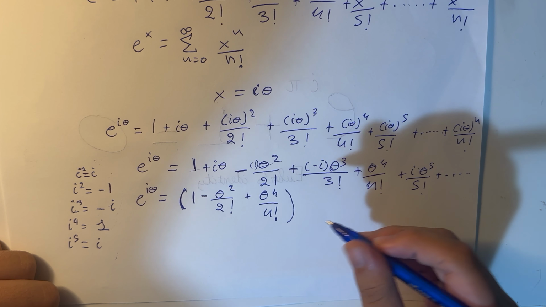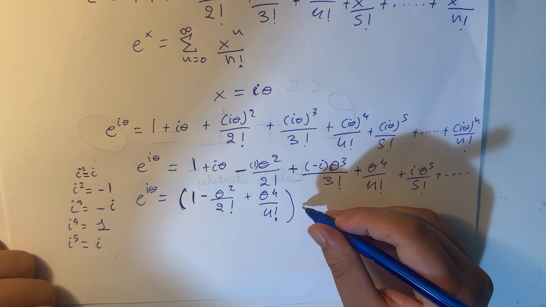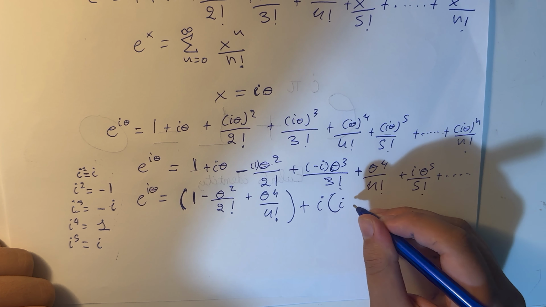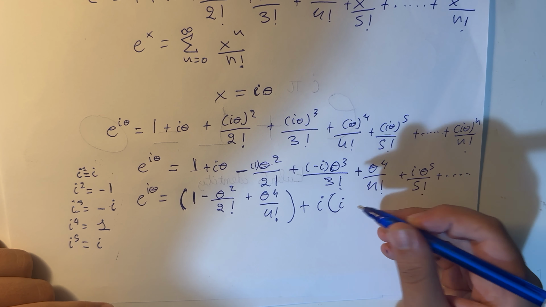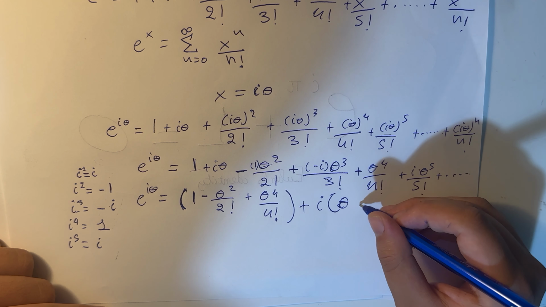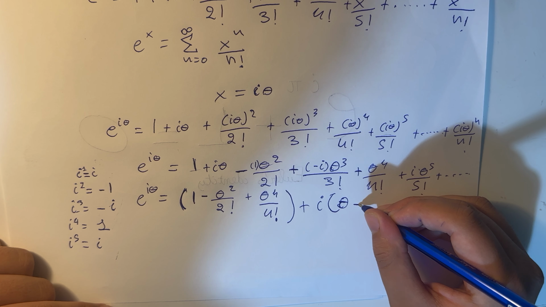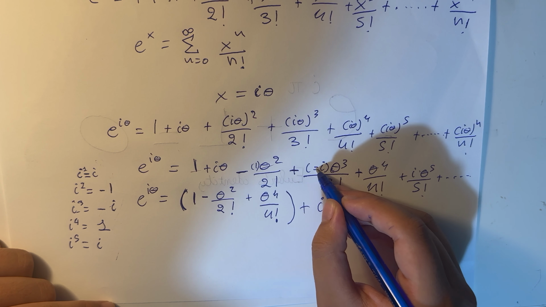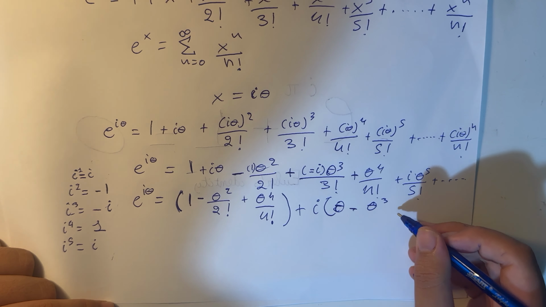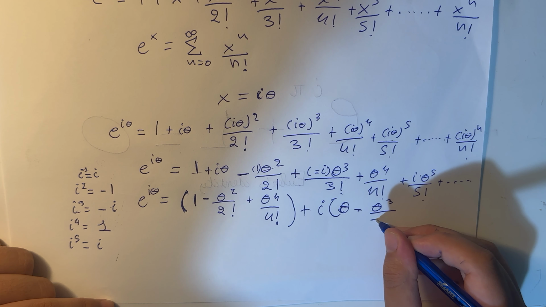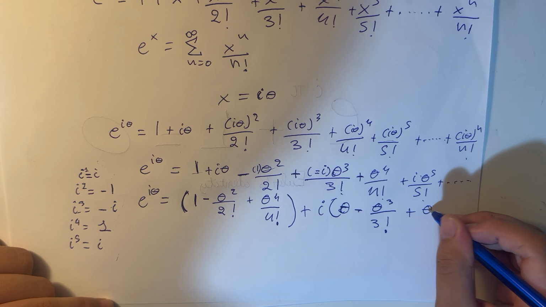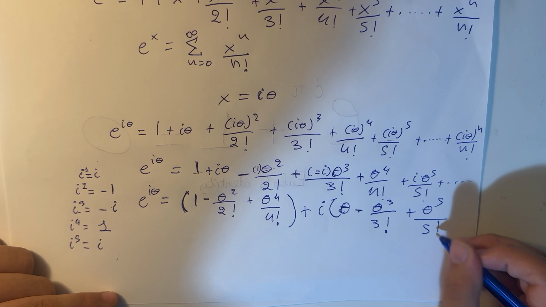And then now I'm going to have all the terms with i. So I can factor i out. So we have i times theta minus theta cubed over 3 factorial plus theta to the 5 over 5 factorial.